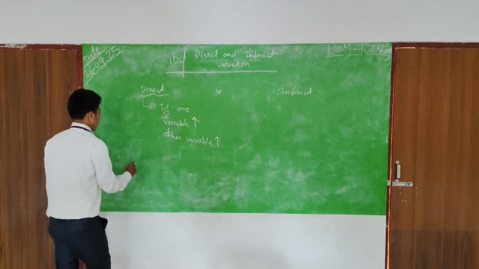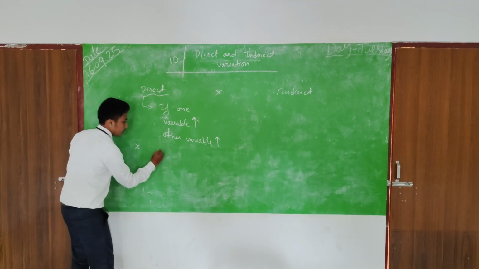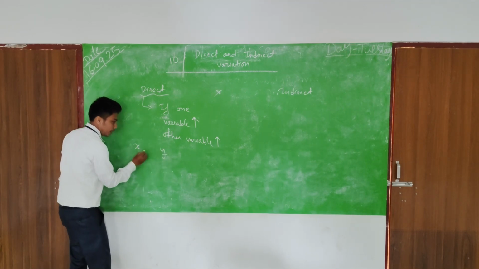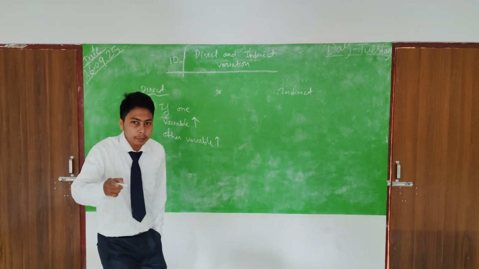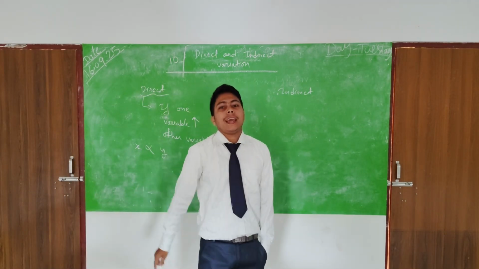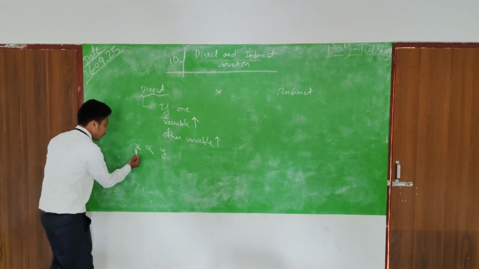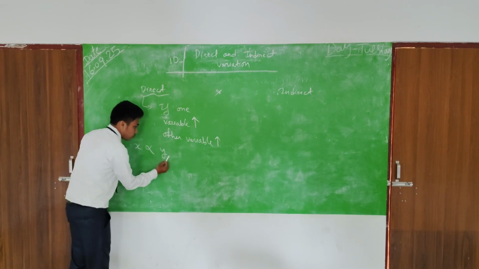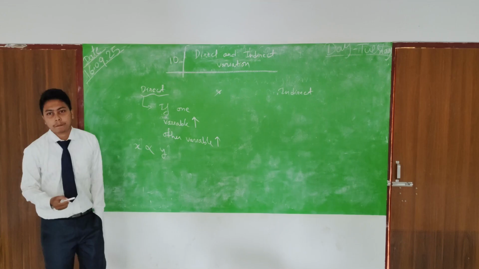We represent one variable with x, another variable with y, and mathematically we show x directly proportional to y. It represents that when the value of x increases, y will also increase.